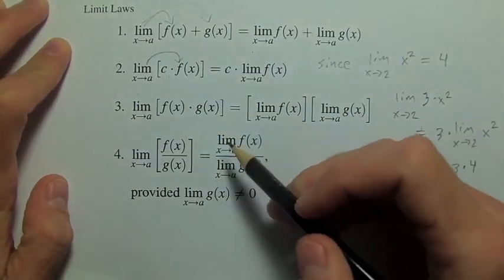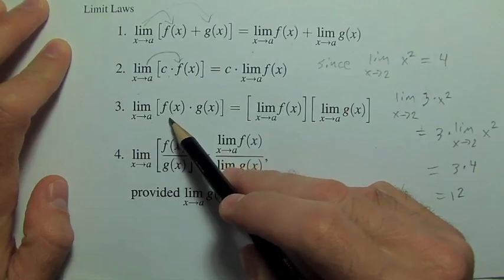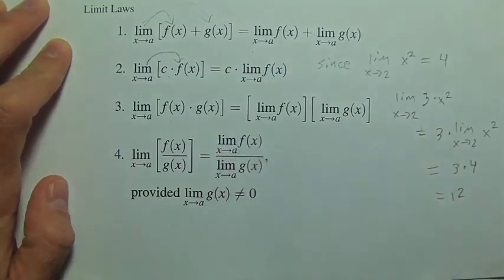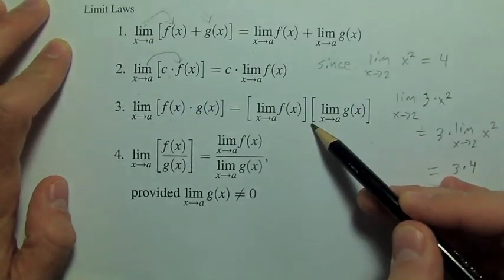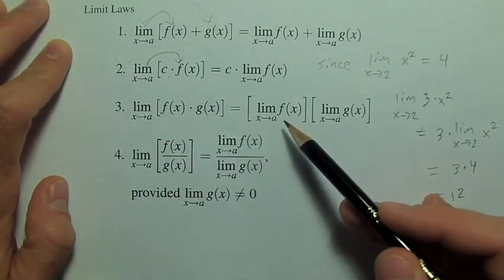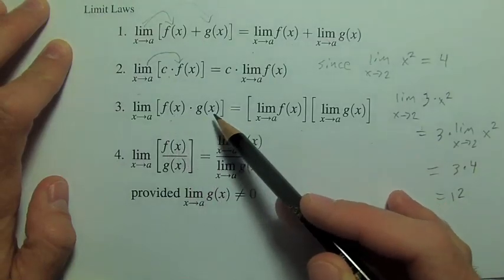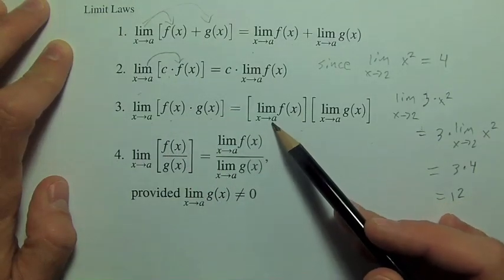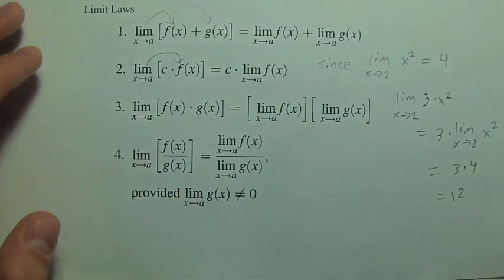And these other rules are very similar. If the limit as x goes to a of f of x times g of x, I can actually take these separately and take the product. So the limit of the product will be the product of the limits. So the limit of f times g will be the limit as x goes to a of f times the limit as x goes to a of g.